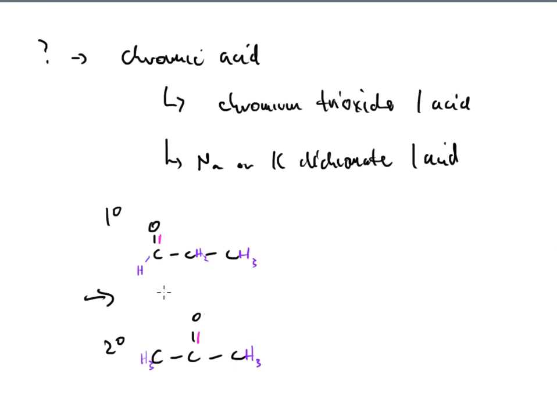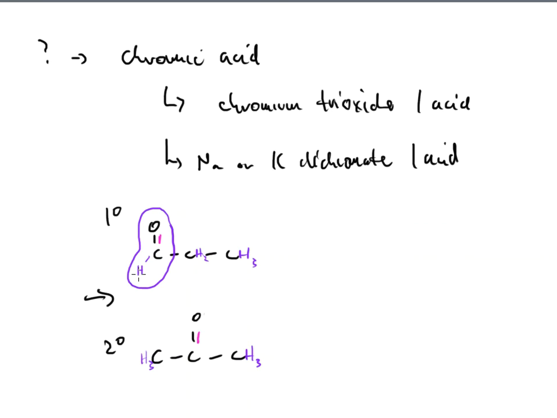And here we have a representation of 2 others. So if you oxidize a primary alcohol, you will end up with a carbon double bond O. But you've got to keep in mind, primary means that oxygen is at the end. So this functional group, carbon double bond O at the end, which means hydrogen on one side.